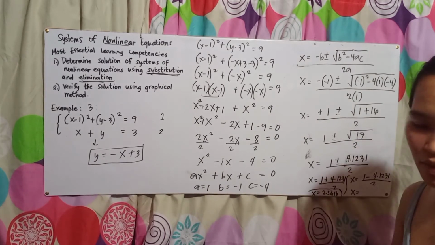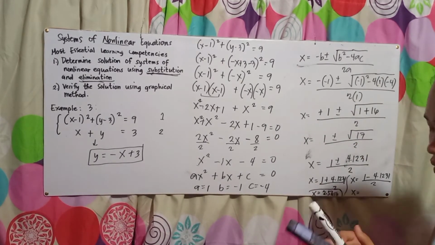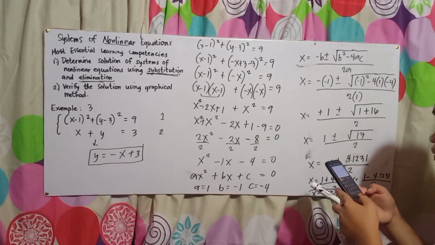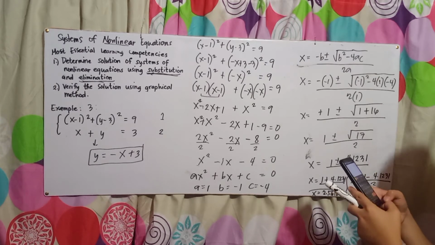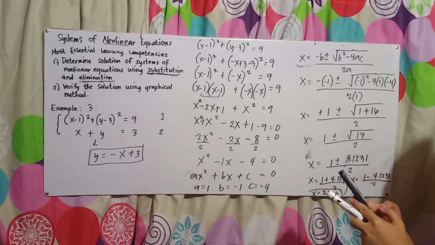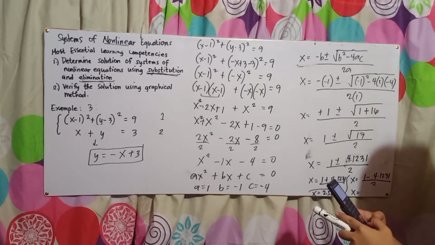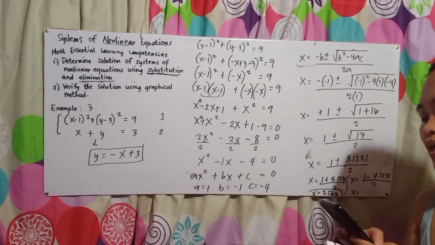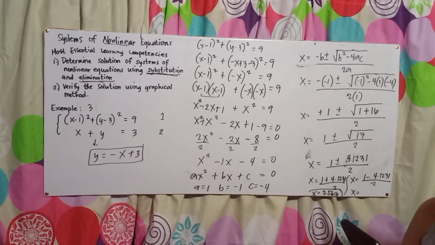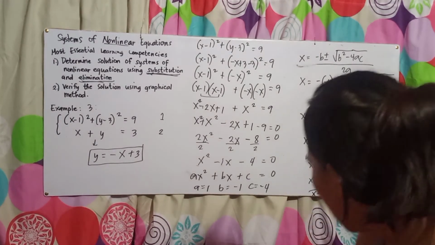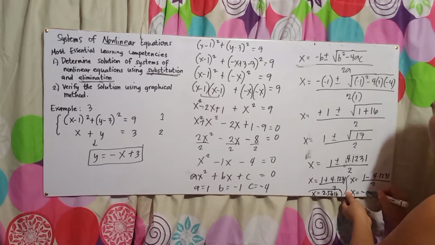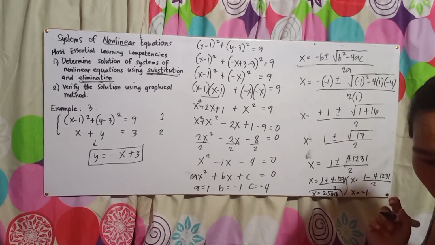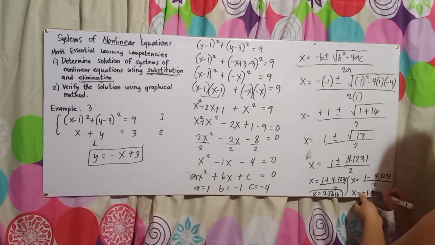So, ang isa, 1 minus 4.1231 divided by 2. Negative 1.5616.